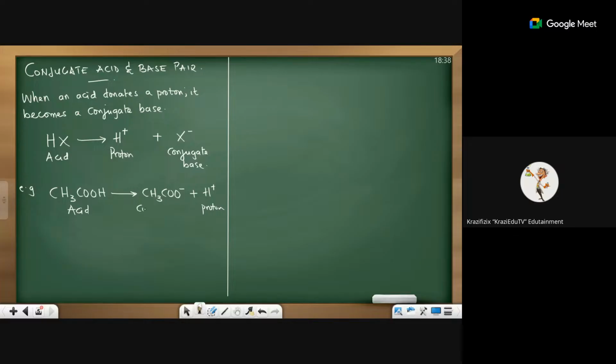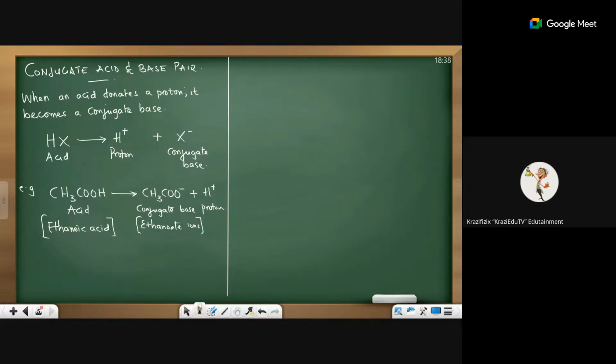And this is a conjugate base. Okay, let me give you the name of this base. It's called ethanoate ions. This is ethanoic acid. We need to get used to these names. I know it's going to be a lot, but I'll keep repeating the same ones I want you to use consistently.